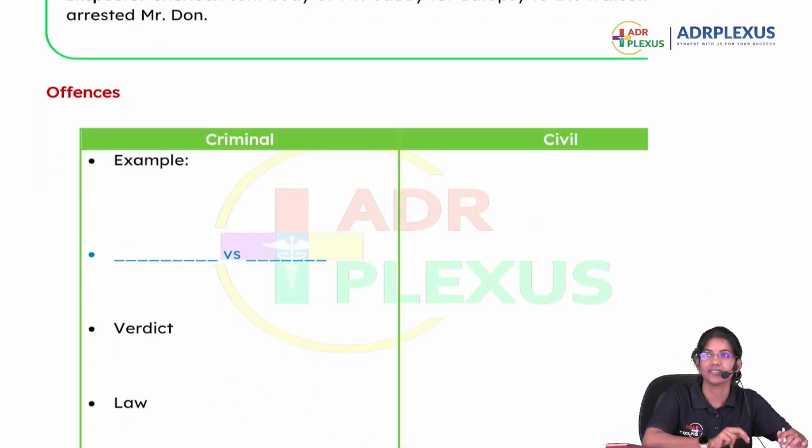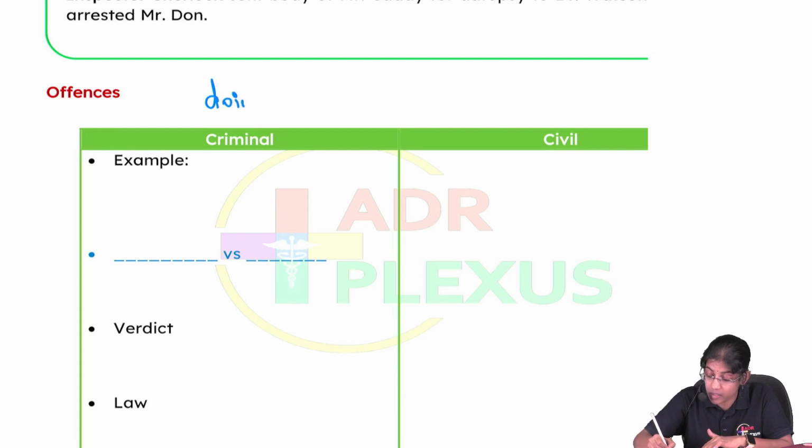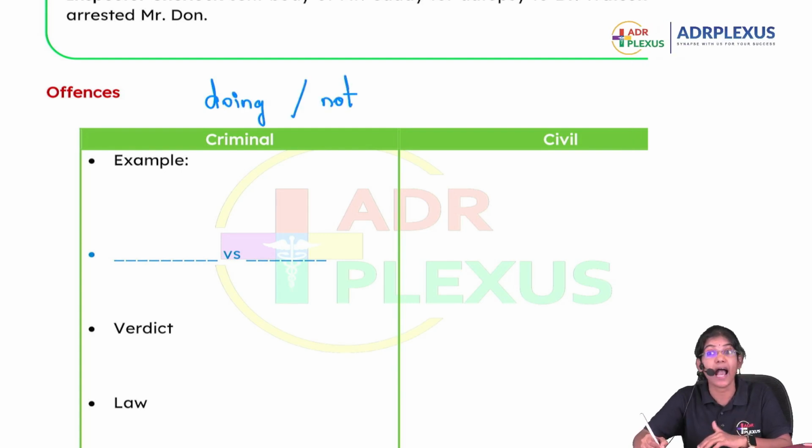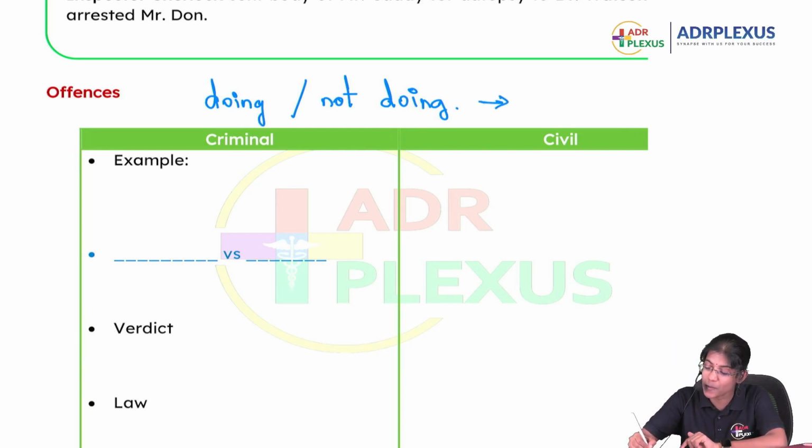Offenses. So offense is an act of commission. So someone either is doing something, it's an act of commission, or an act of omission, which means the person is not doing something. It's an act of commission or an act of omission which is punishable.